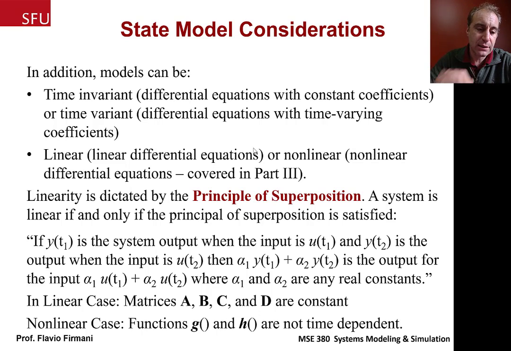Basically it says that if you have an output at time t1 of your system, and that happens when you have an input at t1, and you have another output at t2, which happens when you evaluate the input at t2, then if you add these two outputs multiplied by real constants alpha 1 and alpha 2, this output must occur at the particular input associated with the two real constants.